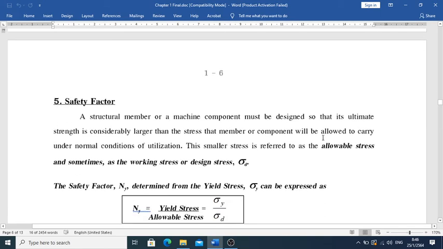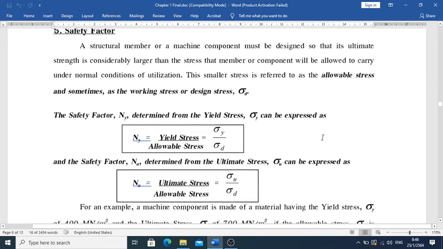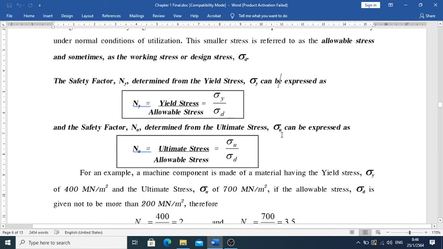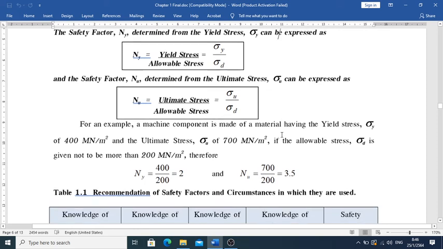Okay, for the safety factor, of course, this gives you some hints for reference when you use it for design. See the graph we just saw, we always use sigma y as a reference.